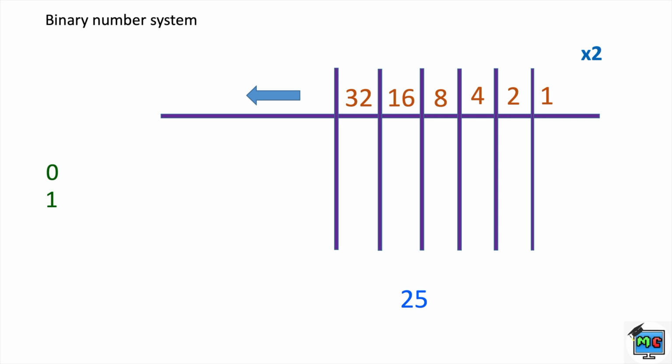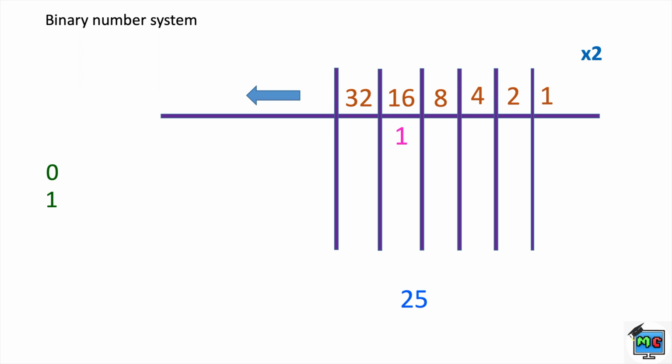Step 1. We have to go through and ask, what is the biggest number I can use that is closest to 25? Can I use 32? No, too big. So we have to go back down 1. Use 16.